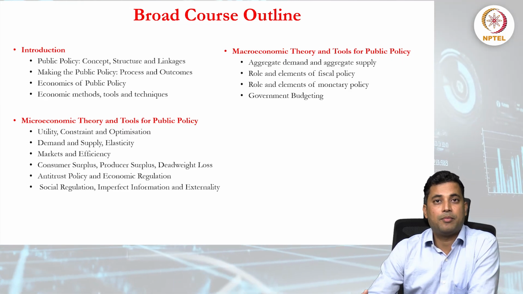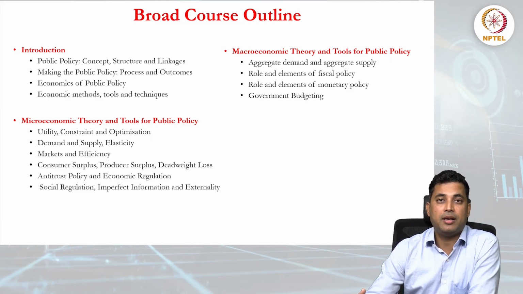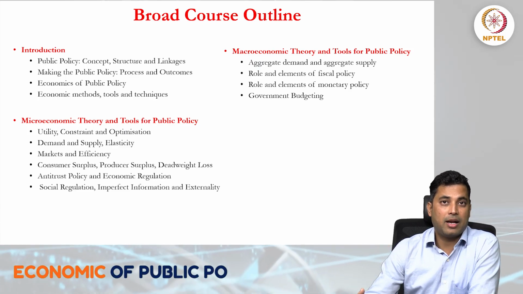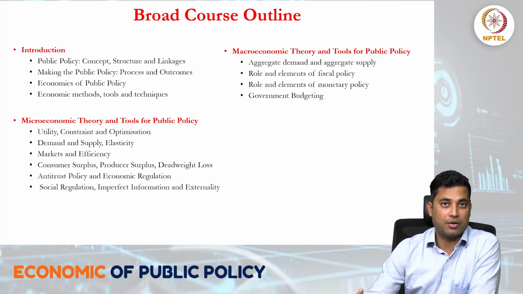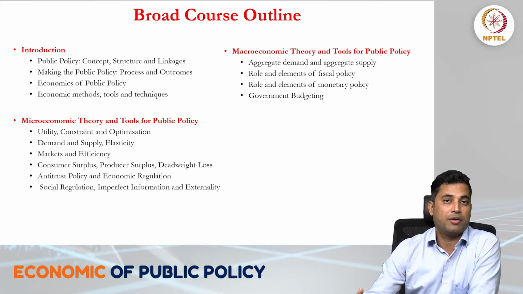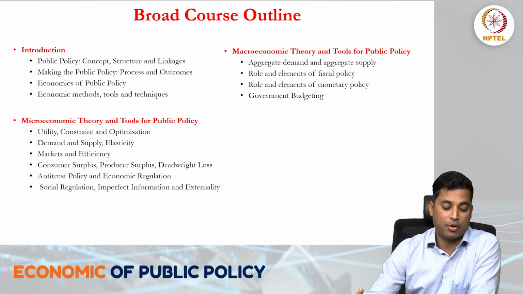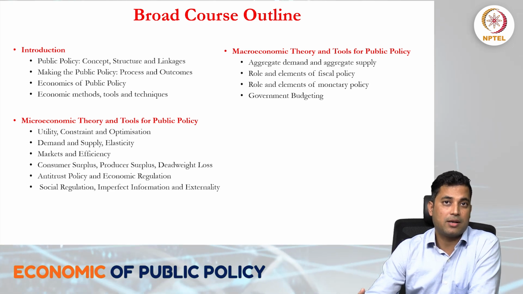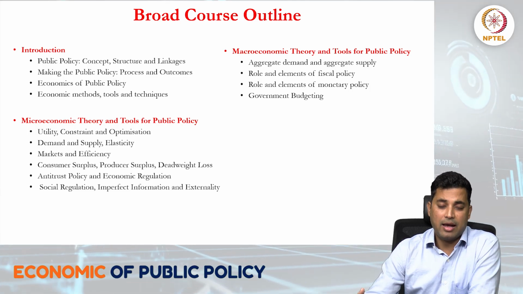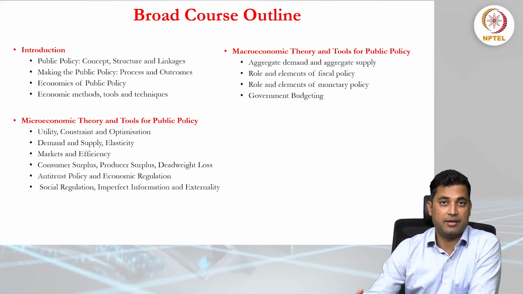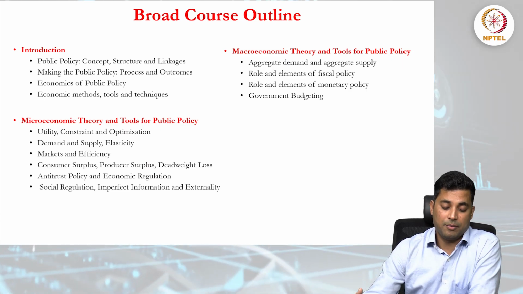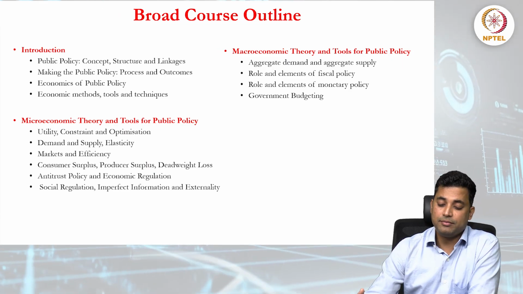As we said, price is perfectly determined in perfectly competitive markets, but in reality it is often contested, and therefore when we discuss public policy from the social cost point of view, social regulations, asymmetric information, imperfect information, and externalities will be discussed at length to understand what the problems are in dealing with public policy.